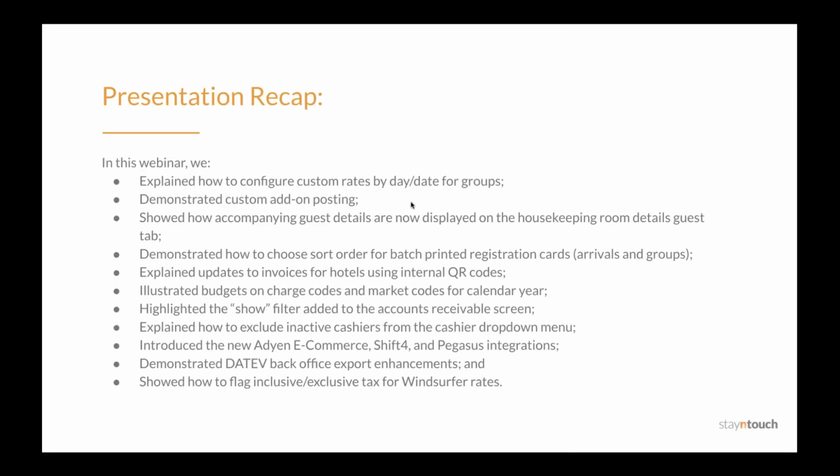Let me switch back to my screen. So in this webinar, we explained how to configure custom rates by day or date for groups, demonstrated custom add-on posting, showed how accompanying guest details are now displayed on the housekeeping room details guest tab, demonstrated how to choose sort order for batch printed registration cards for arrivals and groups, explained updates to invoices for hotels using internal QR codes, illustrated budgets on charge codes and market codes for the calendar year, highlighted the show filter added to the accounts receivable screen, explained how to exclude inactive cashiers from the cashier drop-down menu, introduced the new Adyen e-commerce, Shift4, and Pegasus integrations, demonstrated Datev back office export enhancements, and showed how to flag inclusive and exclusive tax for Windsurfer rates.